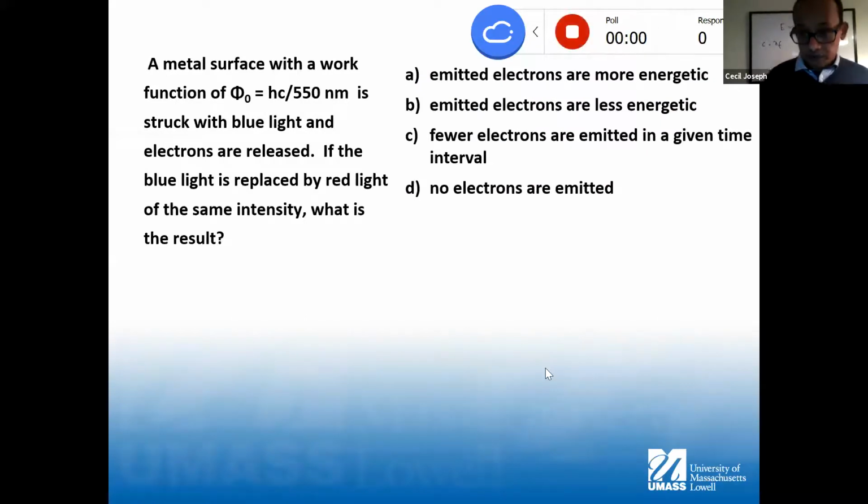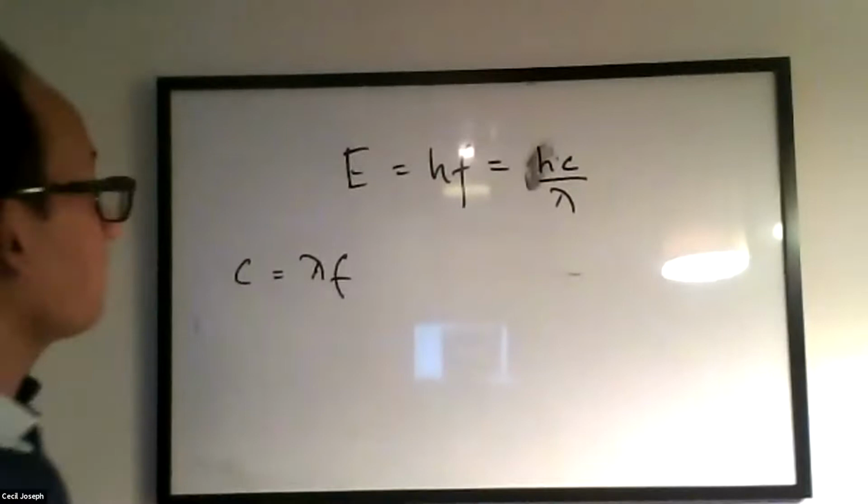Now do this one. Over here, it's actually this form. It's giving you phi-0, the symbol they're using for the work function. Now I want you to look at that description of the work function. I'm going to stop the share for a quick second so you can see my board.